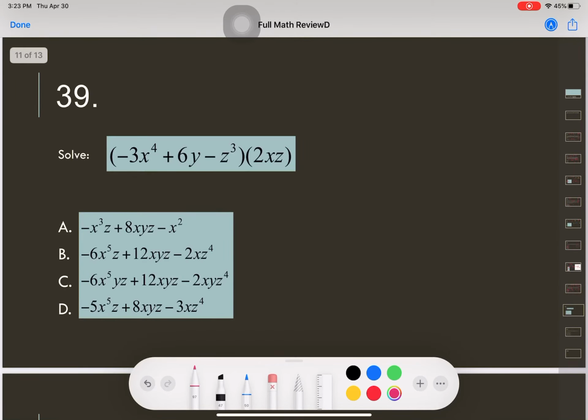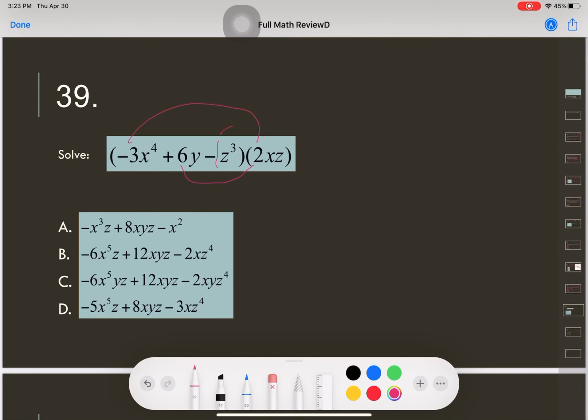39. Here's where we're going to multiply. So when you multiply this trinomial times the monomial, what you're doing is you're going to say 3 times 2. The x's will combine and the z comes along for the ride. Then you're going to say 6 times 2, and then the y comes along for the ride. And then negative 1, because remember that's a negative 1z.